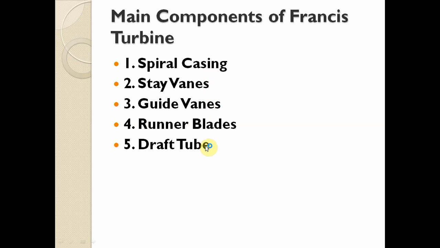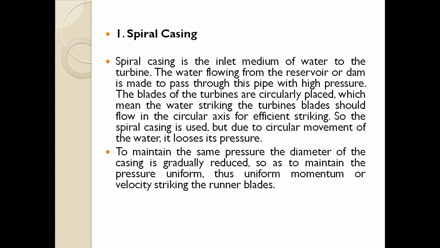and draft tube. So first one, spiral casing. The spiral casing is the inlet medium of water to the turbine. The water flowing from the reservoir or dam is made to pass through this pipe at high pressure.